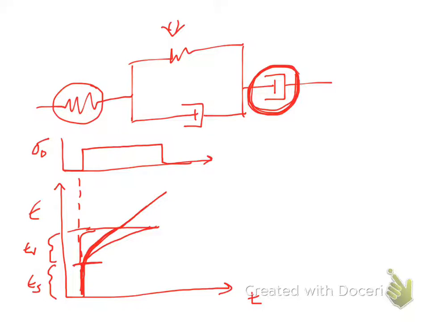So eventually the whole system is going to settle down after the time frame has passed for the instantaneous and then the delayed elasticity. This guy is going to take over and just keep going forever and ever until we take that stress off. So the final strain will depend on how long we leave it on. If we leave it on longer, then this guy will keep going up.